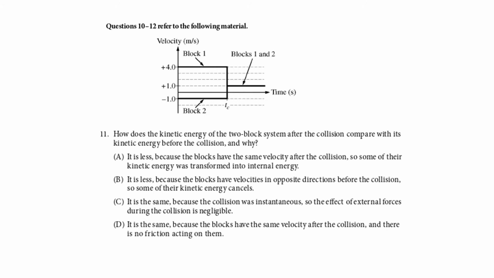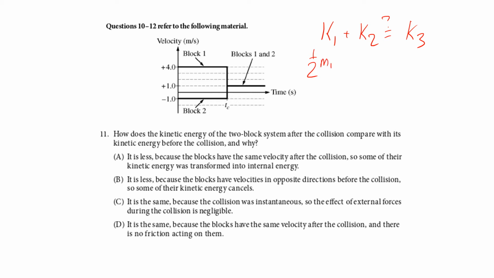Okay, so how does the kinetic energy of the two-block system compare with the kinetic energy after the collision? Well, let's find out. We're going to have kinetic energy of 1 plus kinetic energy of 2 is equal to, but probably not, the kinetic energy of the thing together, so we'll call it 3. Kinetic energy is 1/2 mv squared.